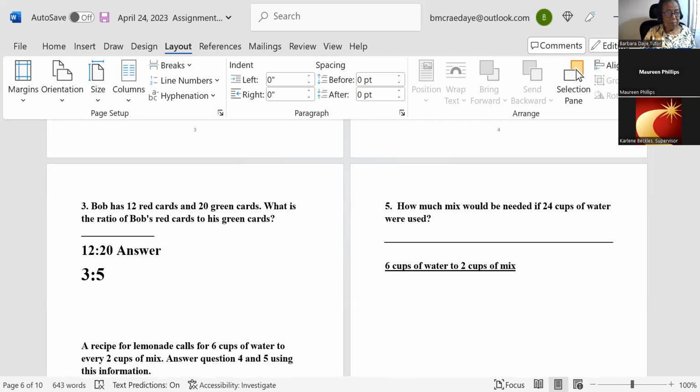Knowing that, how would you find how much mix you would need for 24 cups? So it'd be 2 to 6 is 12, right? Are you getting 12? I was saying this, it was 6 cups of water, the 2 cups of mix, right?